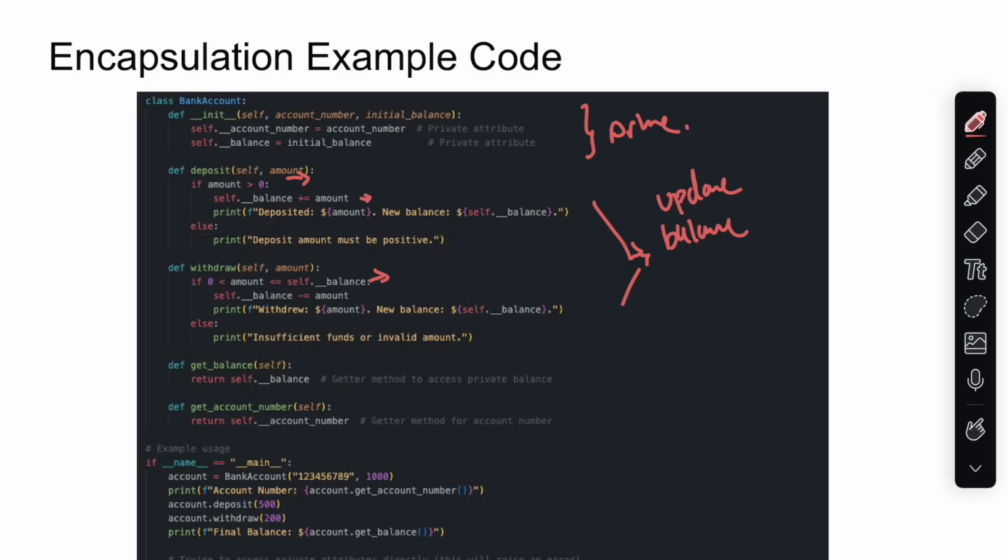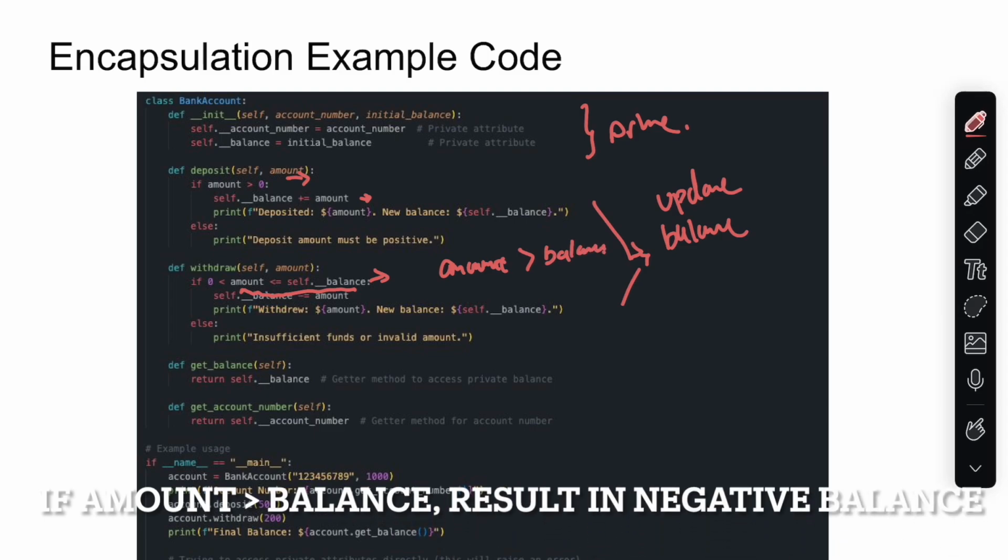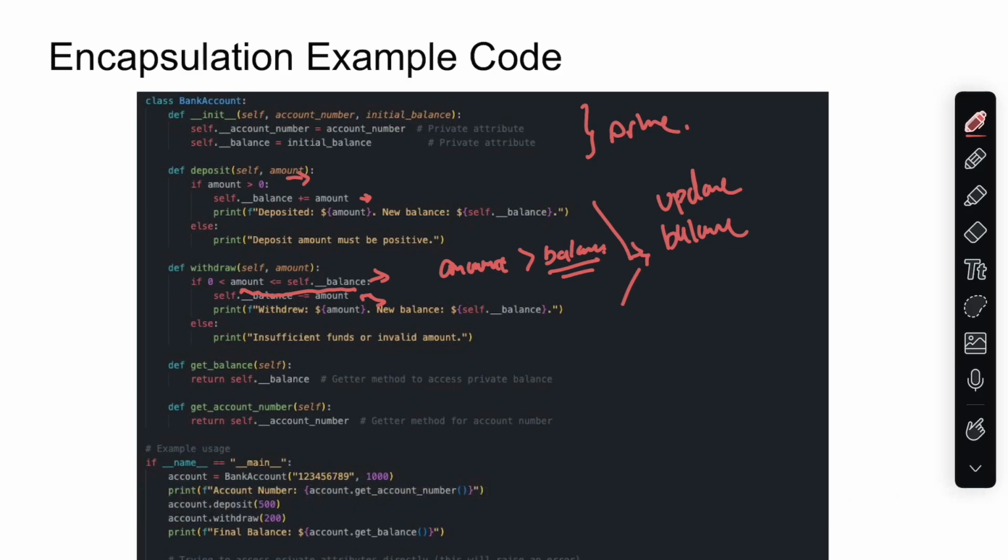This is extremely important because, for example, if we didn't have this checking condition and the amount is greater than our balance, then this would result in a negative balance value at the end, which is something that we really don't want.